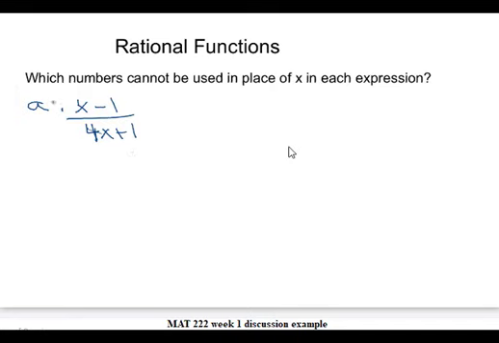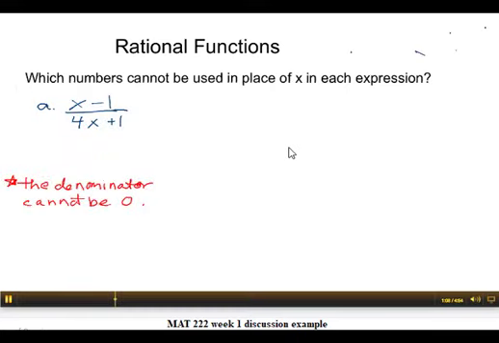Well, in order for this expression to make sense, the denominator cannot be 0. Why is that? Because in math, we cannot divide by 0.